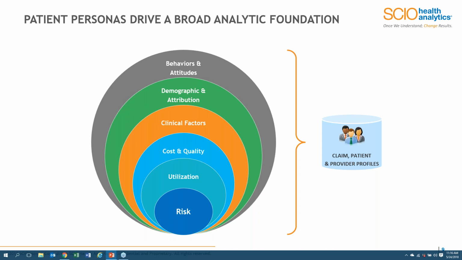So there's a batch of patients that you can presumably have the same behaviors and attitudes that you can presumably message to or look toward to drive care in a better direction. But that in and of itself won't carry it for you.